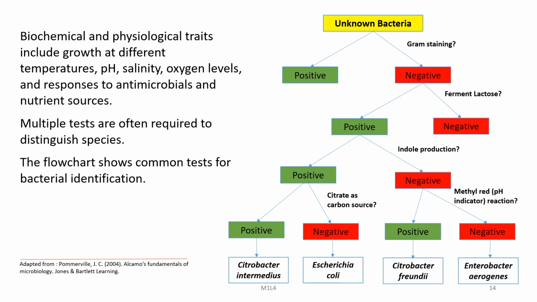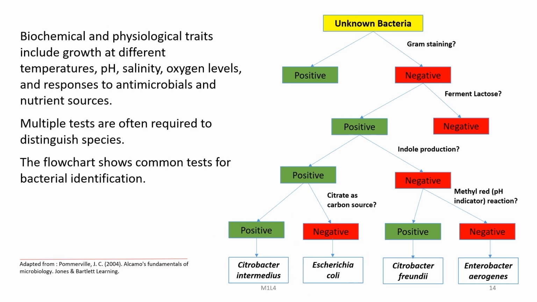So, this is just an example, and there are many such flow charts where you can see many other such case studies. And if the indole production is positive, we can look at whether citrate is being used as a carbon source, and finally, if the result is positive, we can tell this is Citrobacter intermedius, and if it is negative, we may tell that this is Escherichia coli.